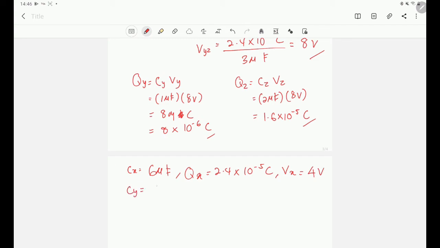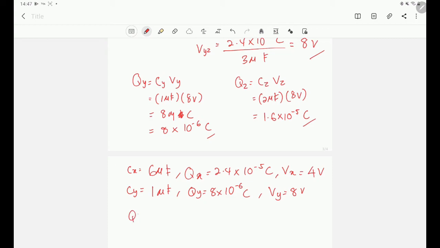Cy is equal to 1 microfarad, and Qy is equal to 8 times 10 to the power negative 6 coulomb, and Vy is equal to 8 volt.